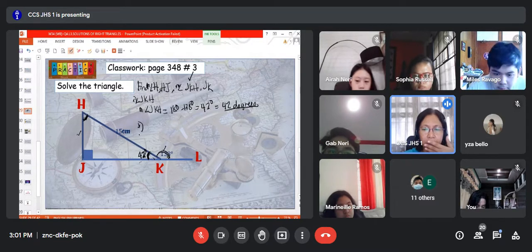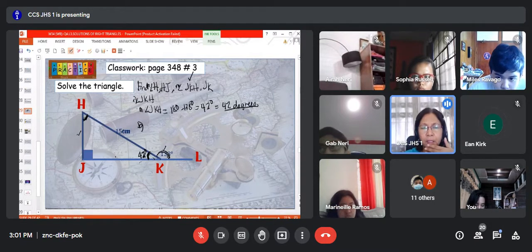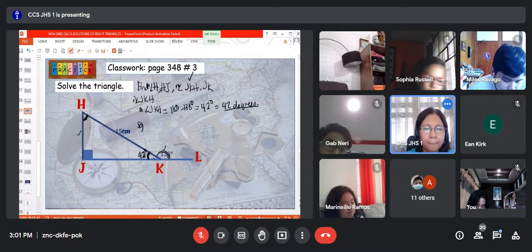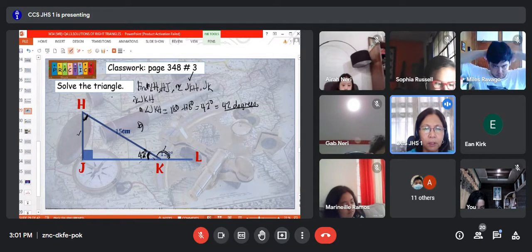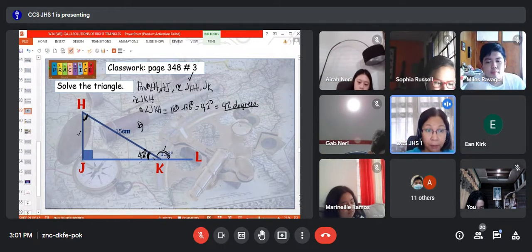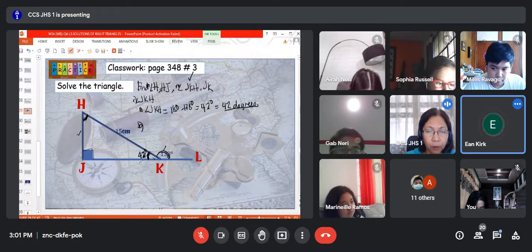What's your idea? No idea still? In a triangle, what is the total sum of the interior angles? In a triangle, what is the sum of all the angles inside the triangle? Interior angles. 180, sir? 180. Okay, how much is angle H if this is 42?